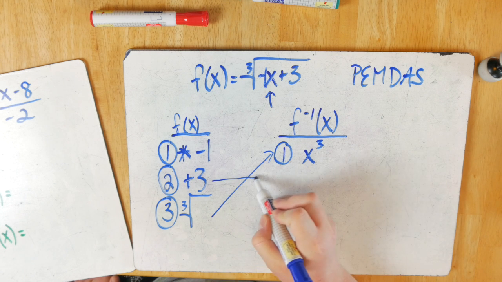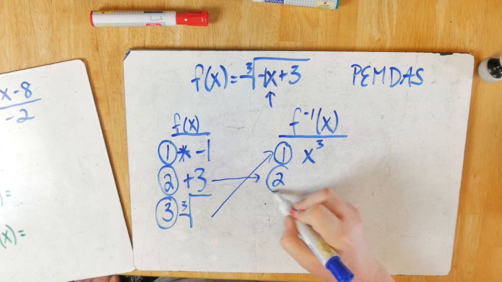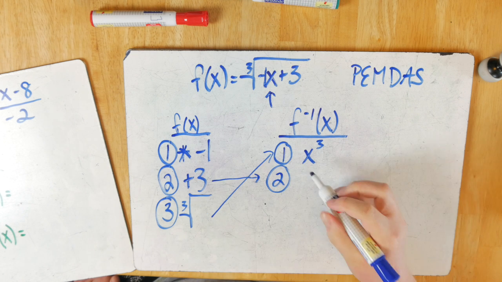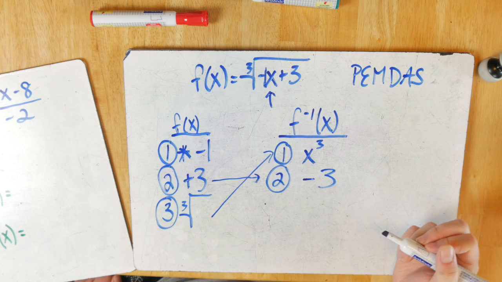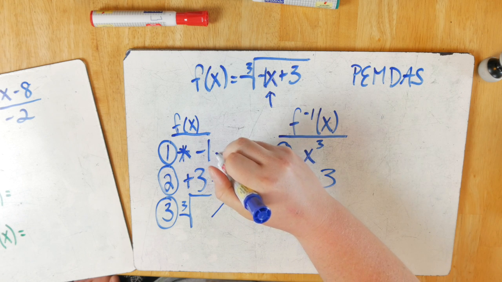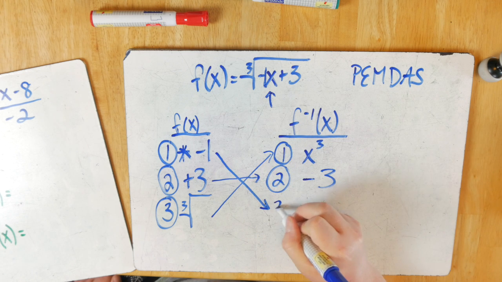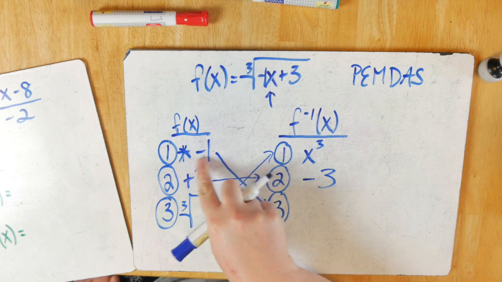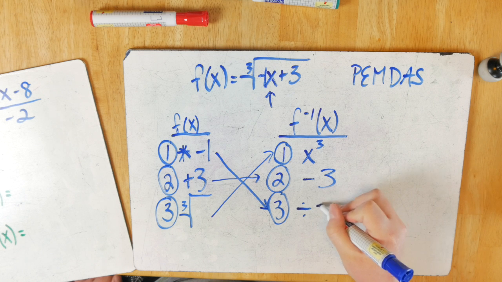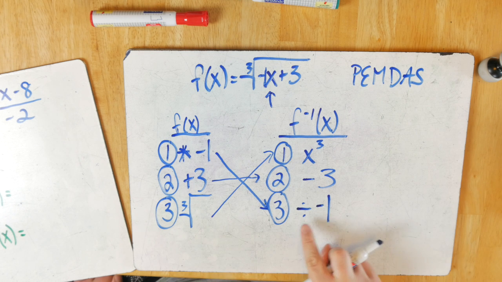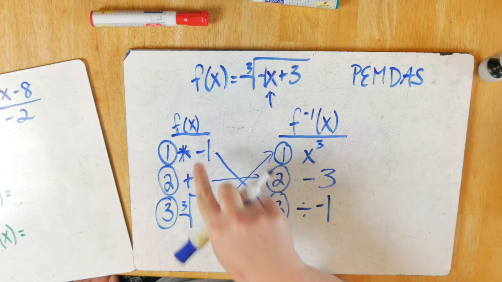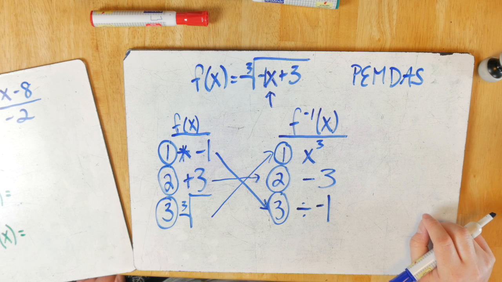Then the next thing that we would do, instead of adding 3, we'll need to subtract 3. And then the last thing we will need is, instead of multiplying by -1, we're going to need to divide by -1. Now, that is actually the exact same thing as multiplying by -1.